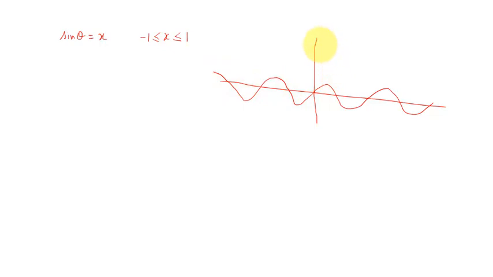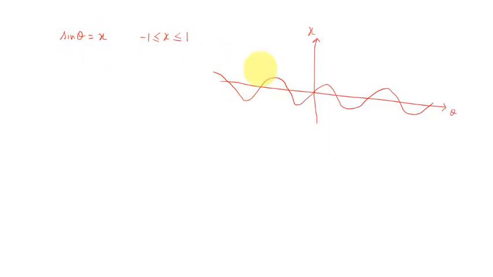If I again plot the graph of sine function, then the graph of the sine function is something like this, and we know that it is periodic, and the same graph is repeated again and again with periodicity 2 pi. Now here, this x-axis is theta and this y-axis is x, because I'm plotting sine theta, x versus theta.